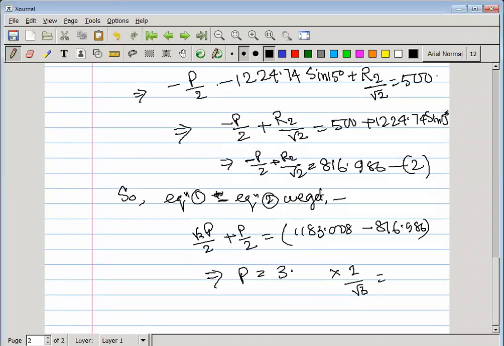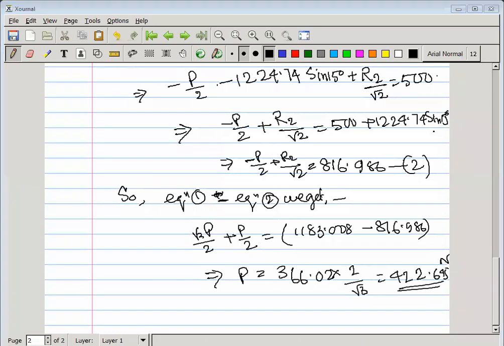This is 366.02, multiplied by 2 divided by root 3. So this will give you 422.645. Is it okay? This amount of Newton force you have to apply at an angle of 60 degree with respect to the vertical plane.